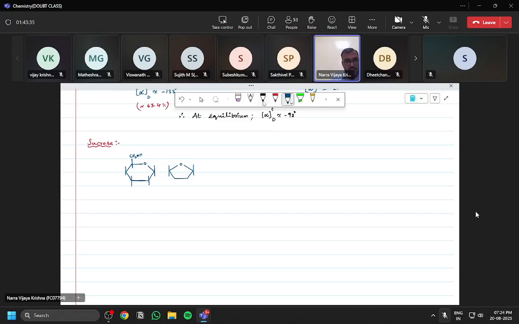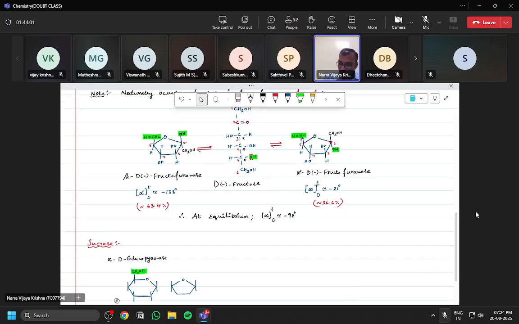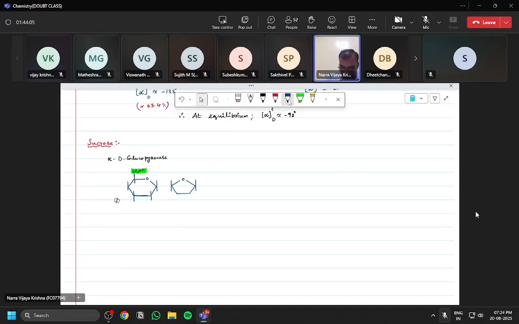Now I am taking alpha D-glucopyranose. Alpha form means how it should be? CH2OH and OH must be opposite, correct or not? Alpha form means CH2OH and OH must be in opposite directions. So CH2OH, OH.